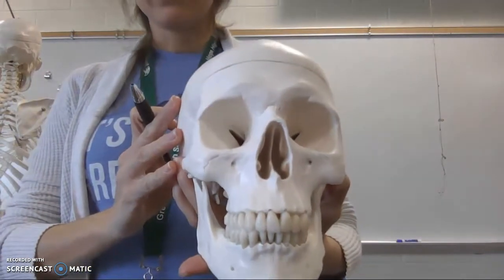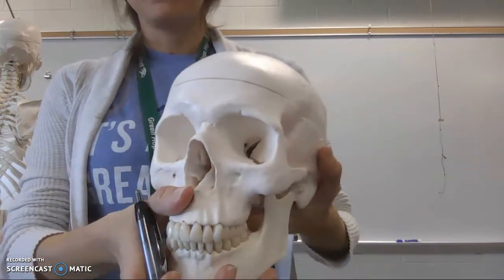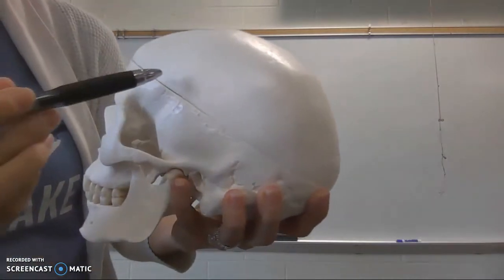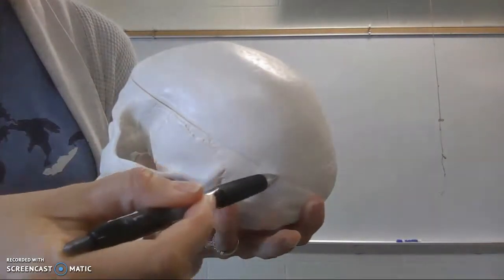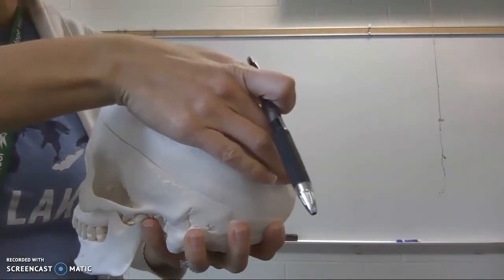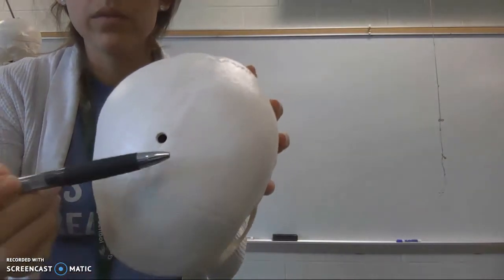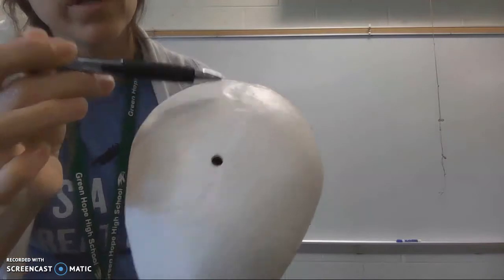First, looking at the skull, the bones within the skull that you need to be aware of for this class are the parietal bone. And the parietal bone is on the side here, right up top that region. There are actually 2 parietal bones, one on either side, divided by this suture here.